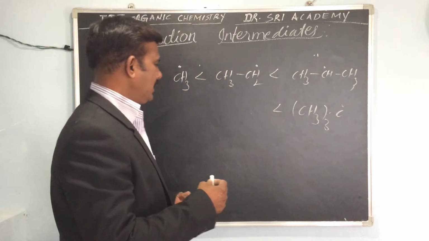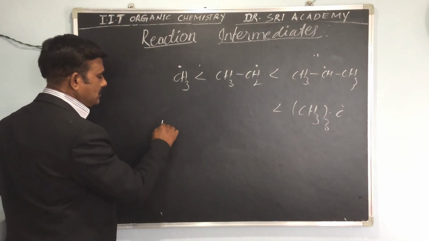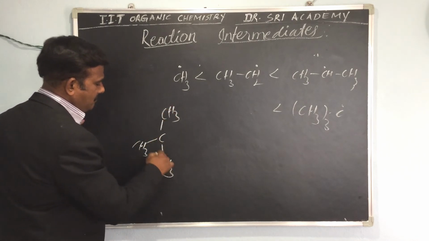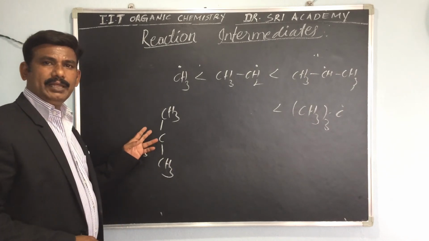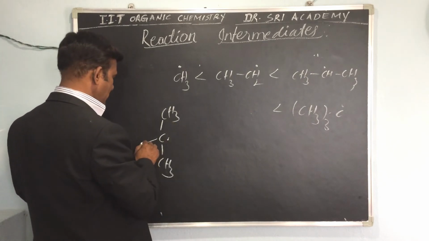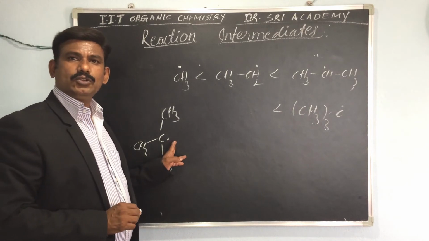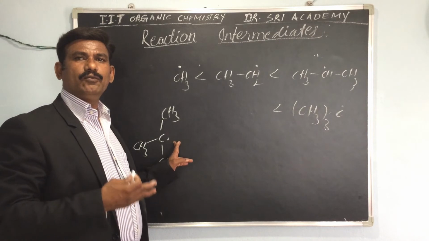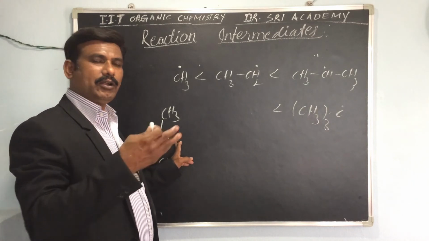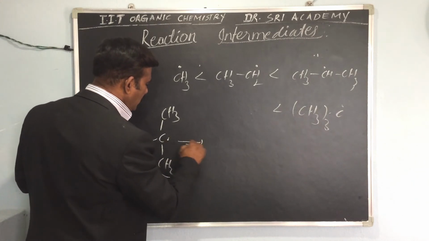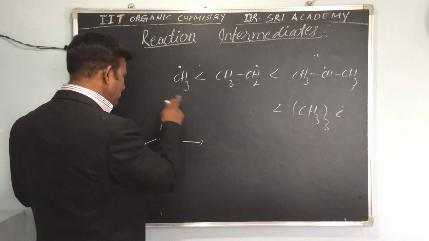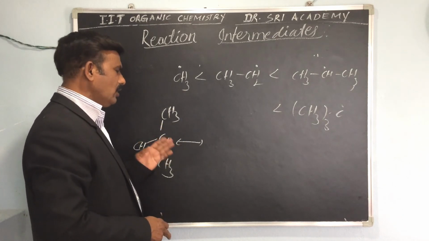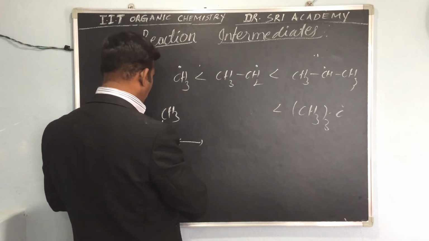Take this compound, CH3 and CH3, the trimethyl tertiary compound. That is the structure of this one. In this case we have to remove one hydrogen from the molecule. Remove one hydrogen from any one of these three methyl groups. So what happened?